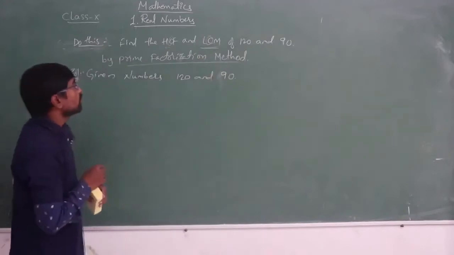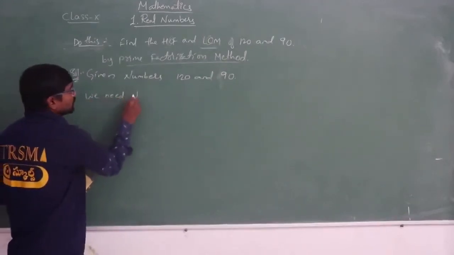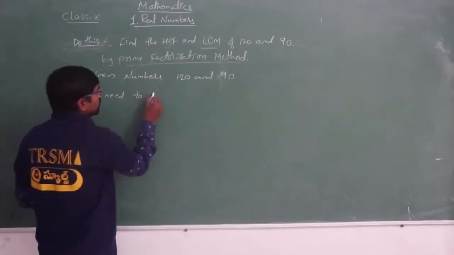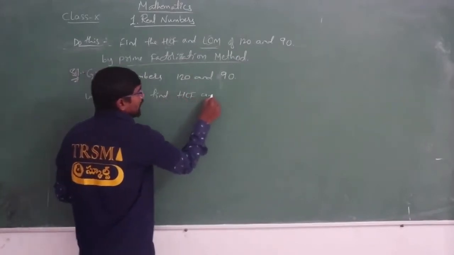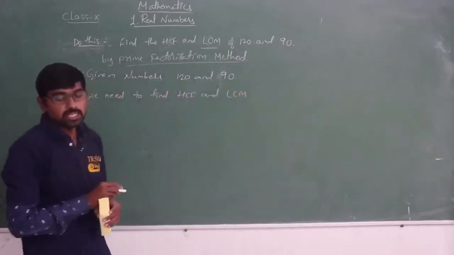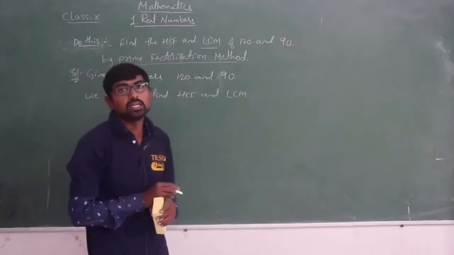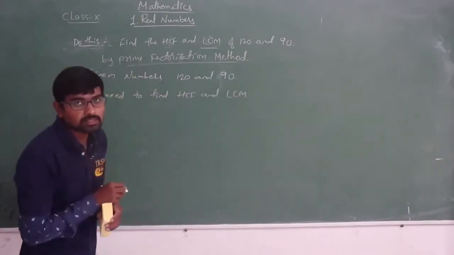Now what I have to do is find HCF and LCM, highest common factor and least common multiple, by using the prime factorization method.